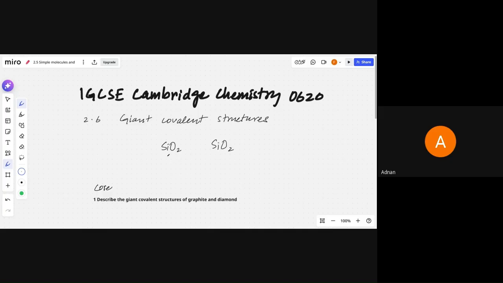For example, this is one molecule, silicon 4 oxide, also called silicon dioxide, and this is another silicon dioxide molecule. These two compounds will be connected by a covalent bond, so they are connected in a network.